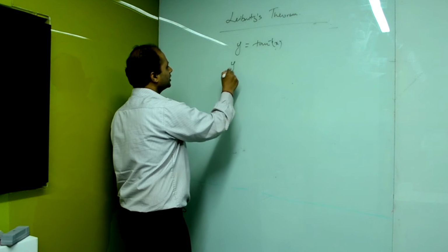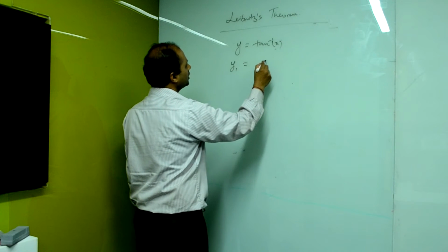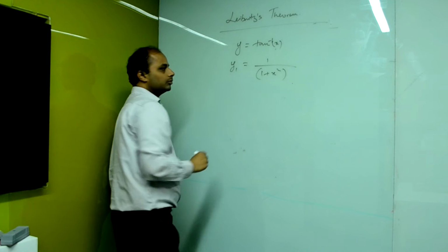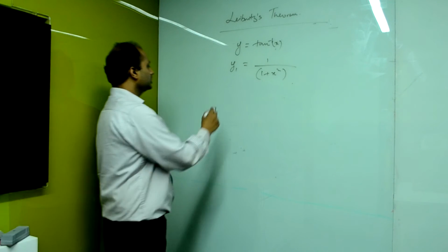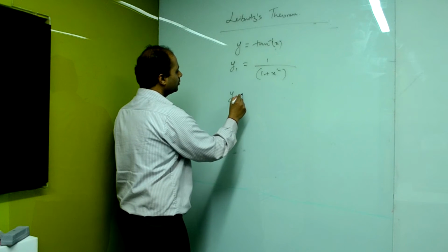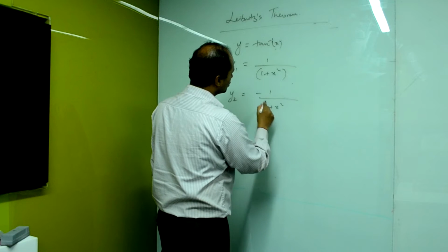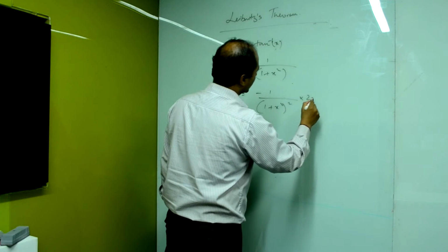If I differentiate this once, y1 equals 1 by 1 plus x square, by the standard rule of differential calculus, and y2 is equal to minus 1 by (1 plus x square) the whole square into 2x.